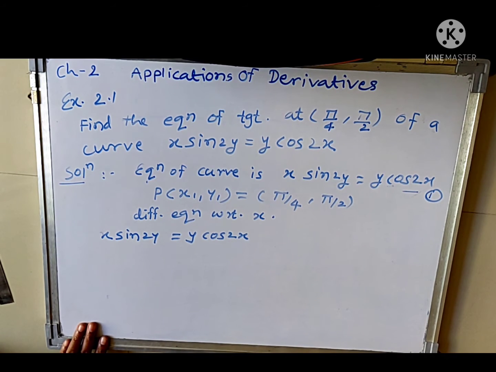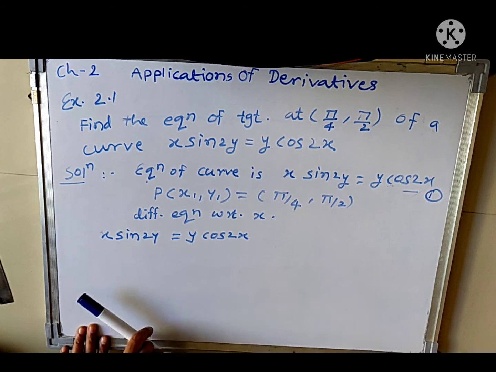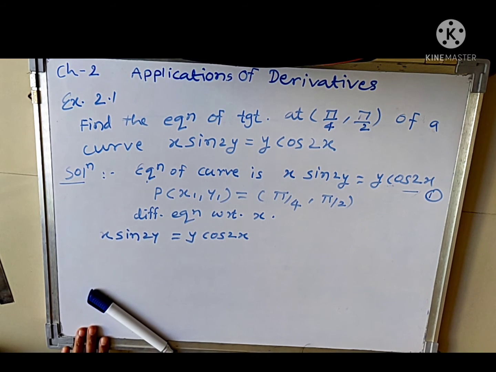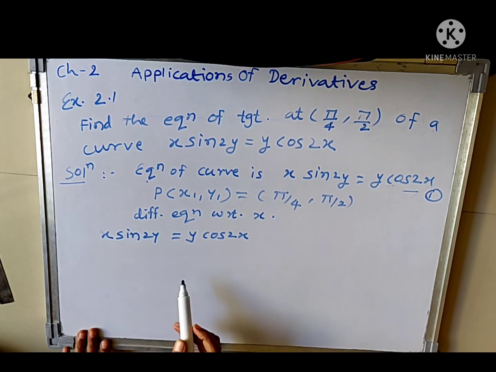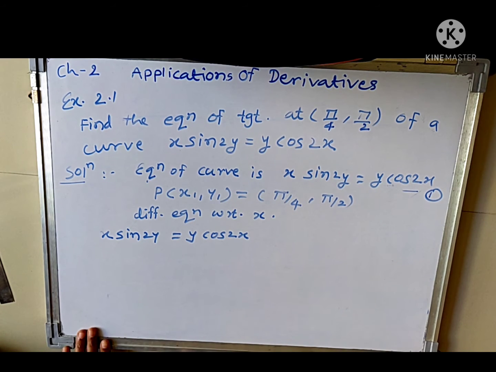Now students, you studied in the first chapter how to find the derivative. Here it is a derivative of an implicit function. Why? Because we cannot write one variable in terms of another variable. You know the meaning of implicit function: y and x cannot be separated from each other, or one variable cannot be written in terms of another variable.